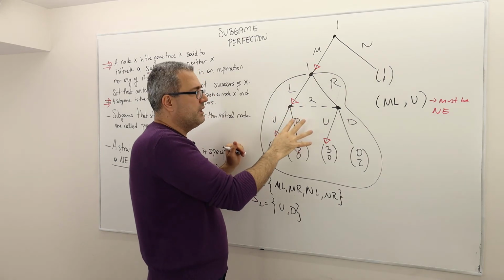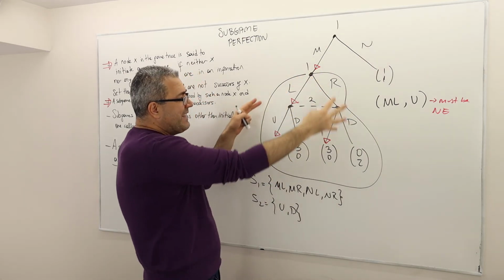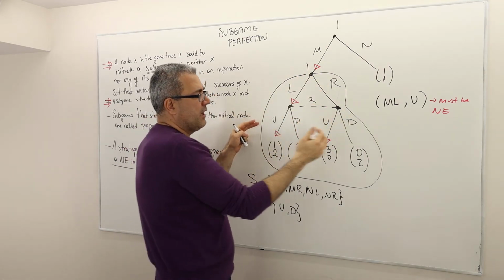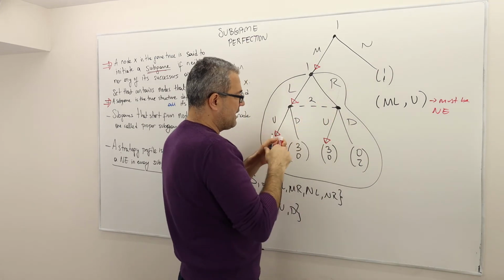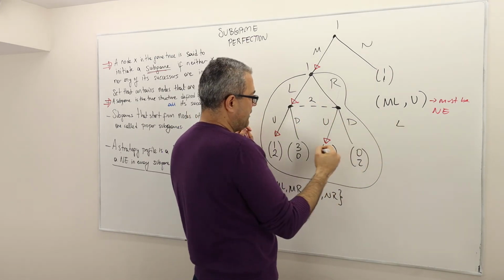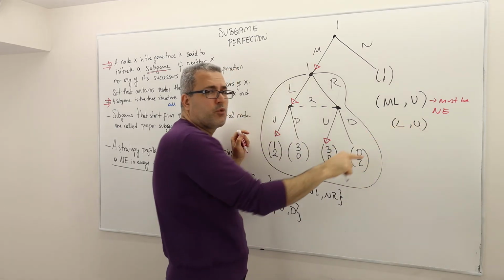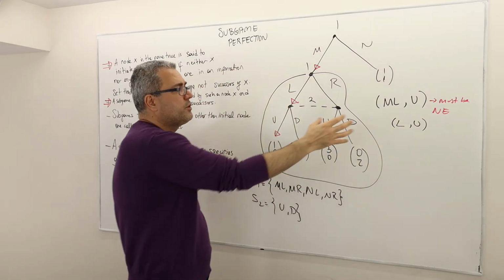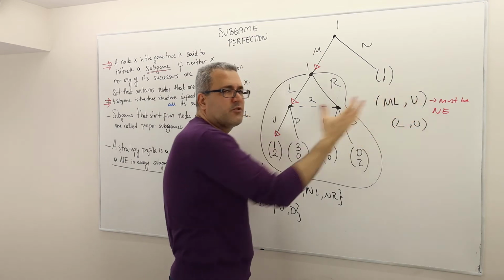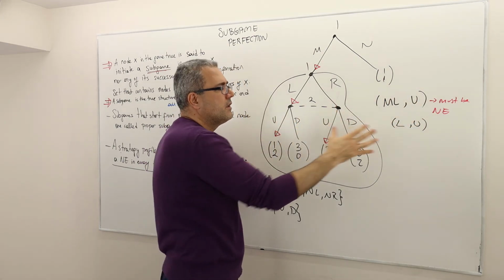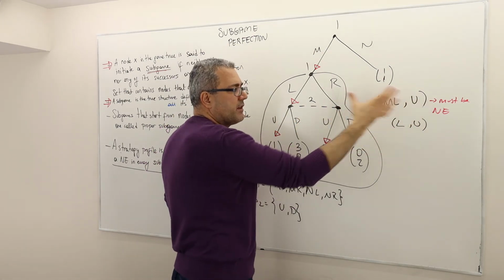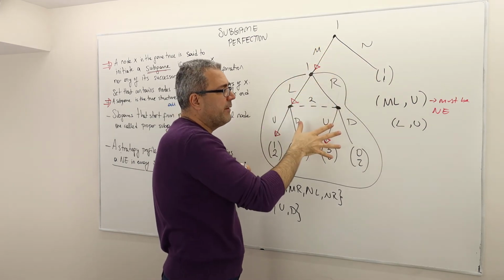What are the strategies in this subgame? Here in the subgame, player 1 plays left and player 2 plays U. So this is the strategy profile induced from this mother strategy profile. Once again, this is the mother strategy profile in this game.